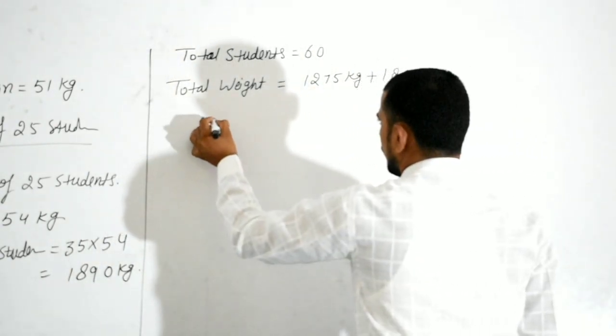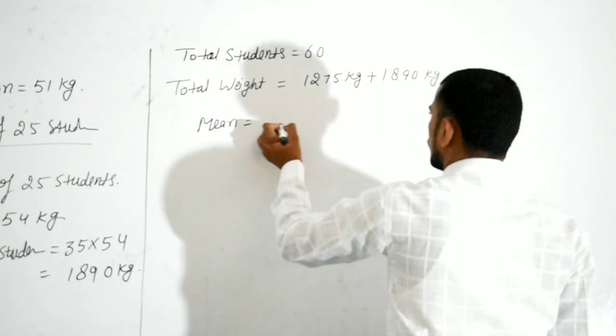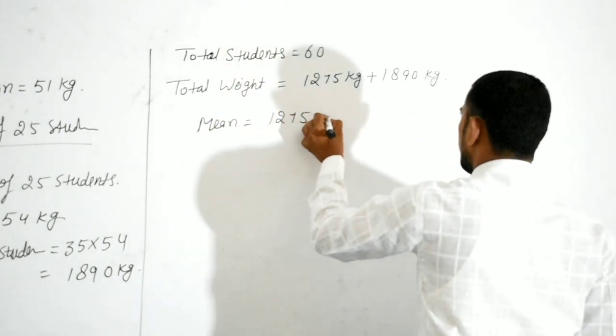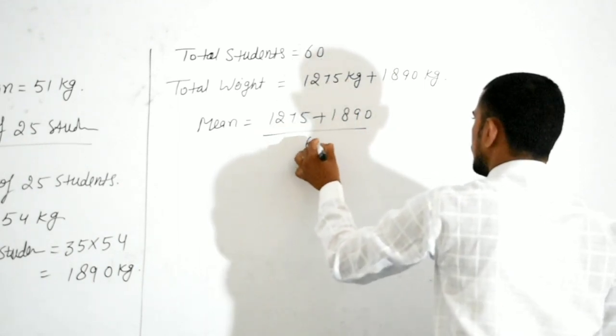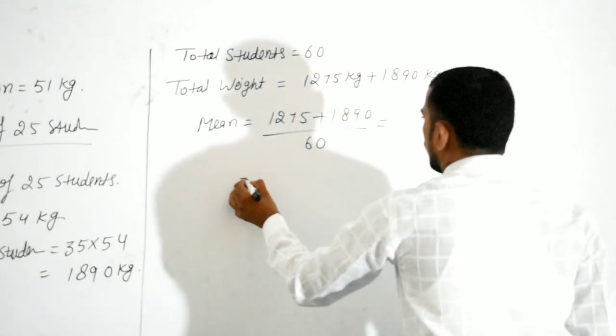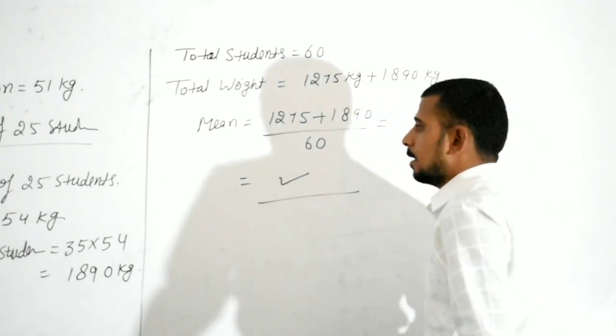Then mean is equal to 1275 plus 1890 divided by the total number of students, 60. You can find the answer.